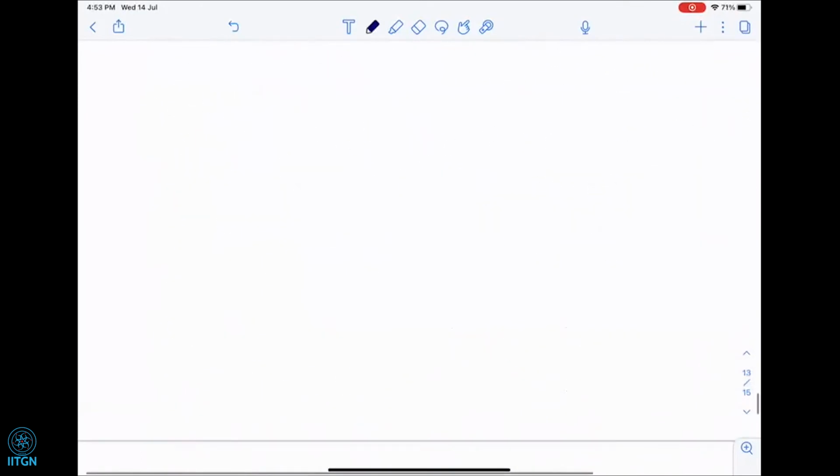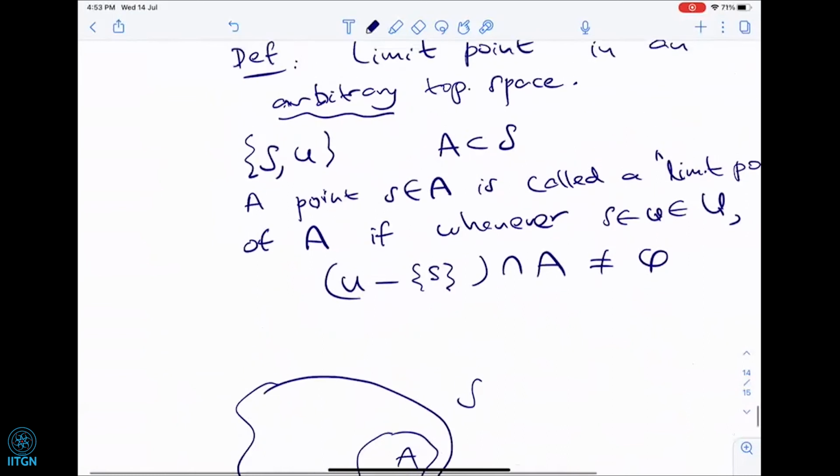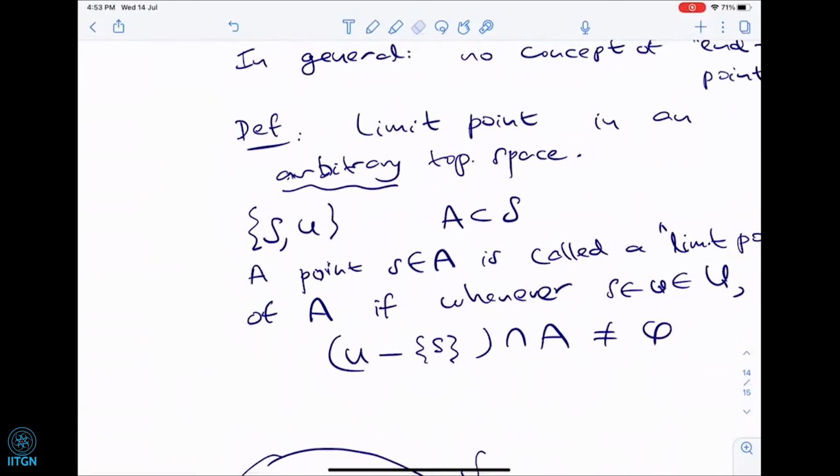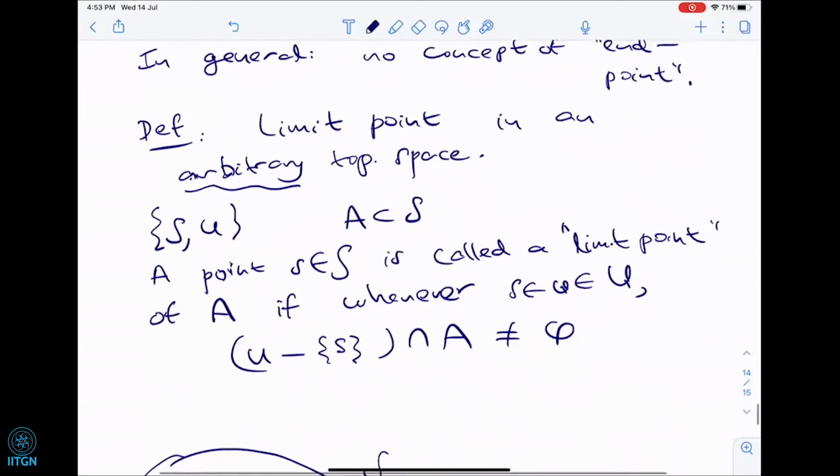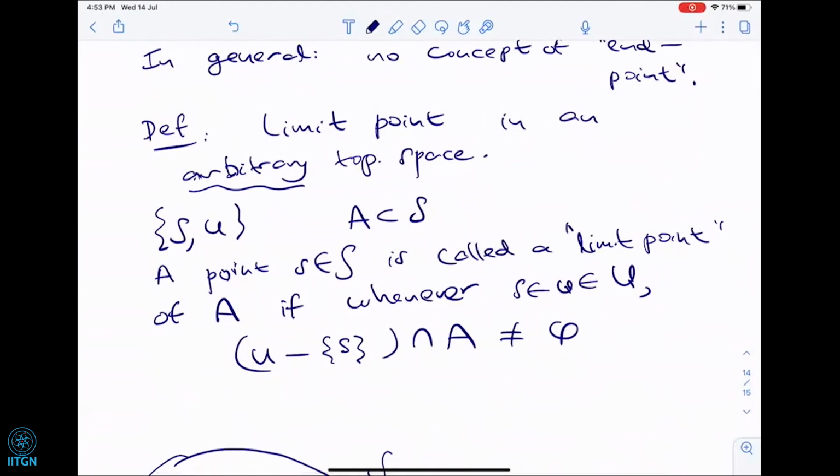I always get confused. It's not a point in A, sorry. Any point in the full set is, yeah. Let's just review this. A point small s in the set is called a limit point of A if whenever s is in an open set, then that open set minus s has a non-trivial intersection with the set A.